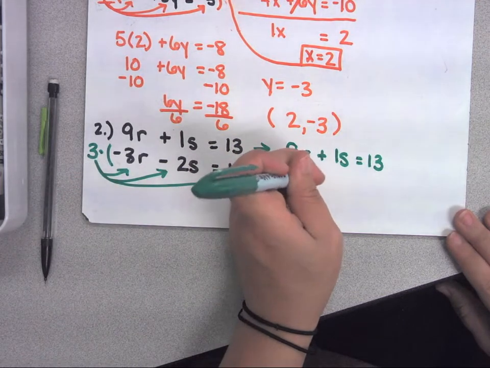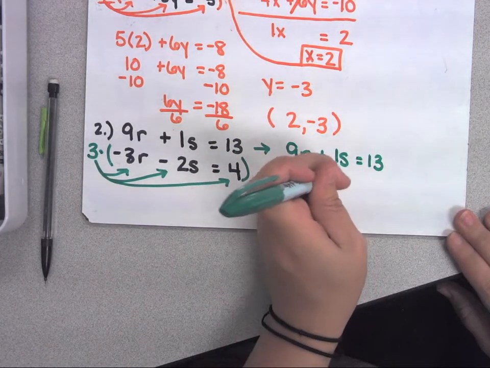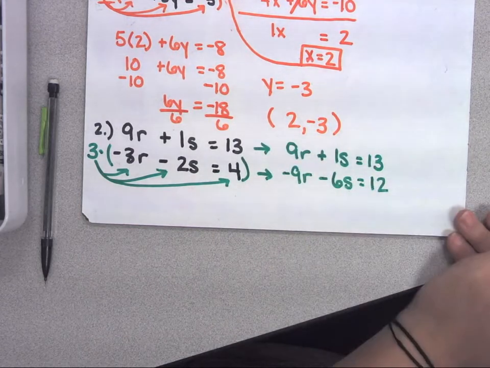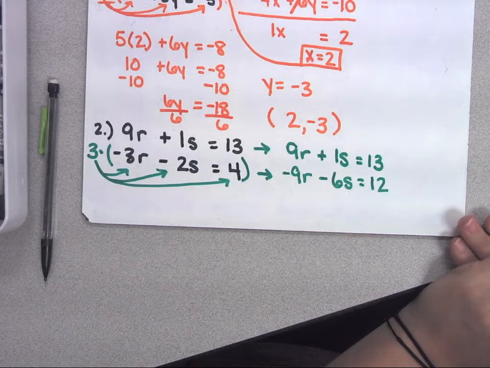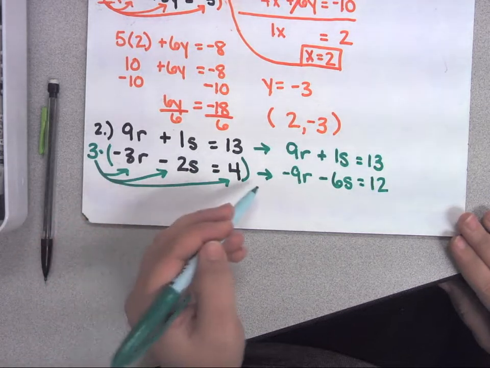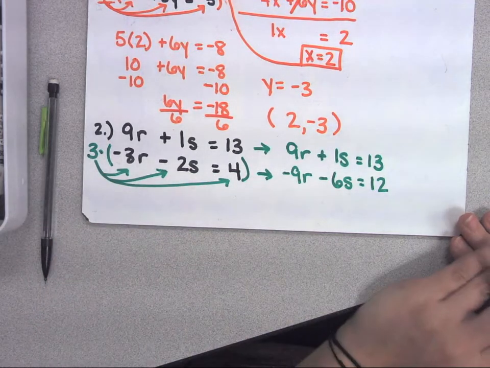Negative 9r minus 6s equals 12. Just don't forget, that's why I like drawing the arrows from the first number. Just don't forget to multiply all 3 numbers because people do make that mistake very easily.